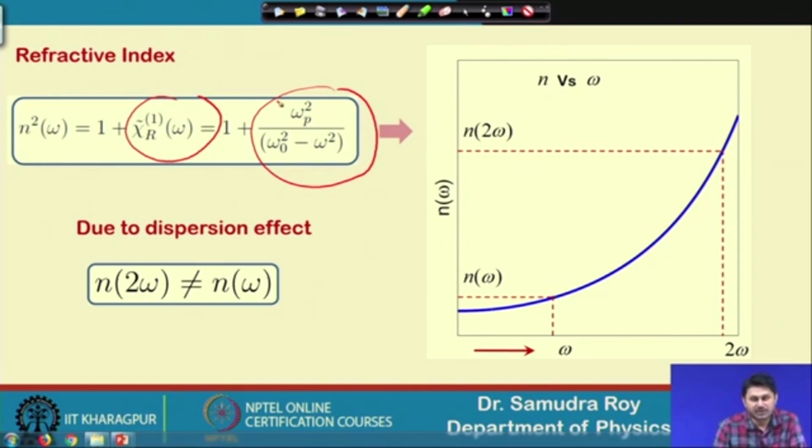Now, if I put this functional form here, we will have a curve like this. This is called the dispersion curve. n as a function of omega is called the dispersion.